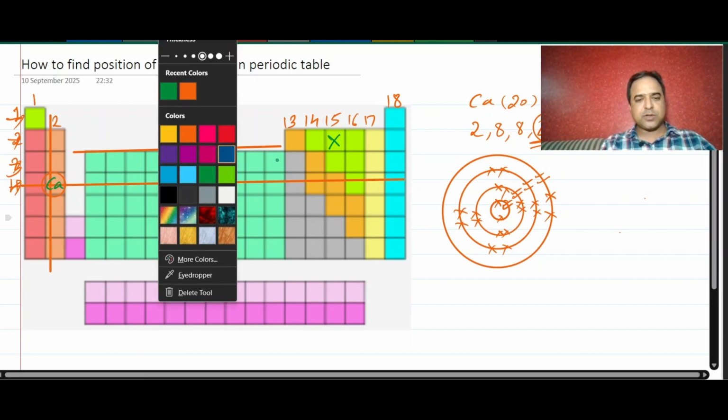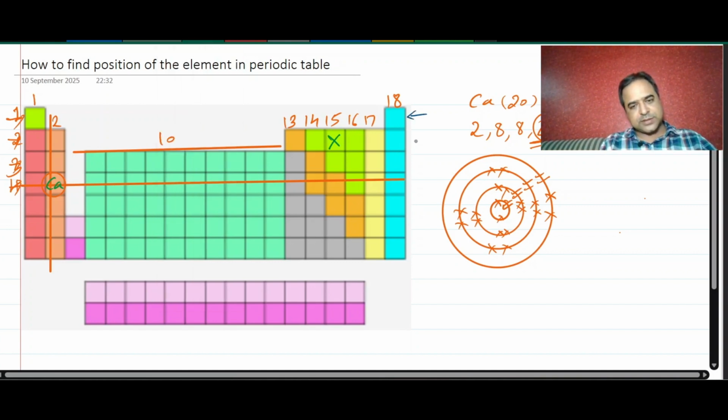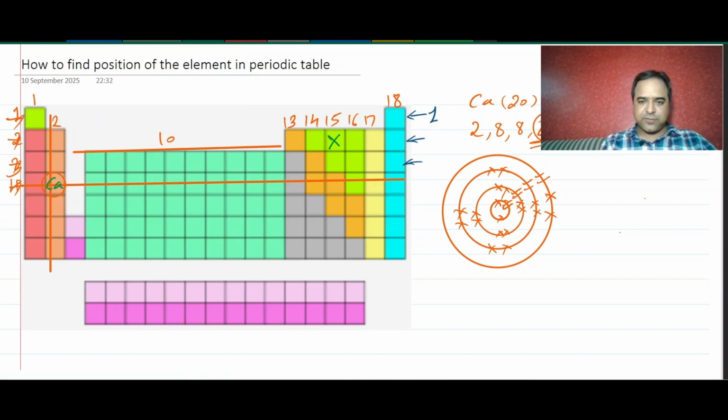You can count from here also because it is going to show the same horizontal line. So, this is the first, second, third, fourth, fifth, sixth and this is 7th. So, this element X is present in which row? It is present in the second row.